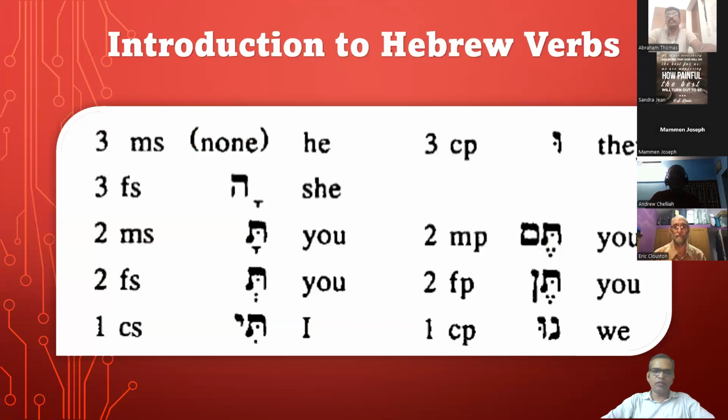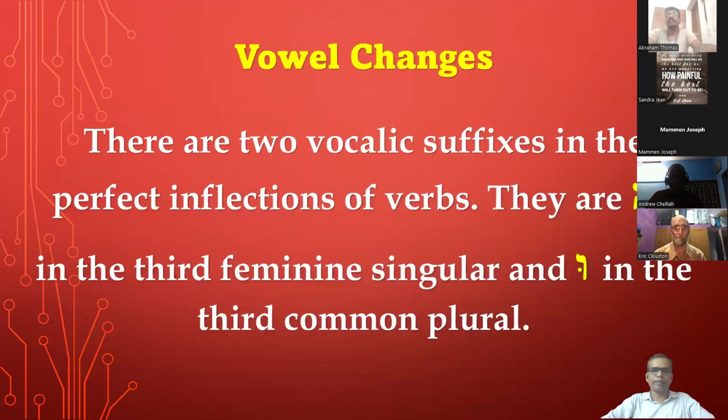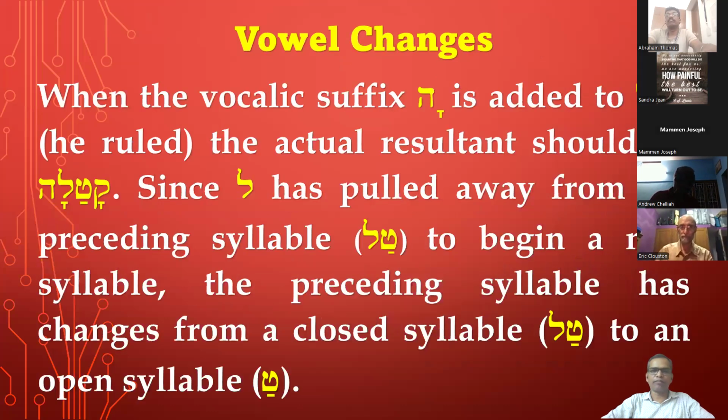So we'll be dealing with the endings that are beginning with vowels separately and the endings that are beginning with consonants separately. There are two vocalic suffixes in the perfect inflections of verbs. They are Kamatske, which is third feminine singular, and Shurak, which is third common plural.